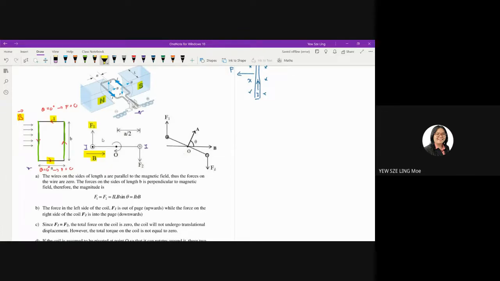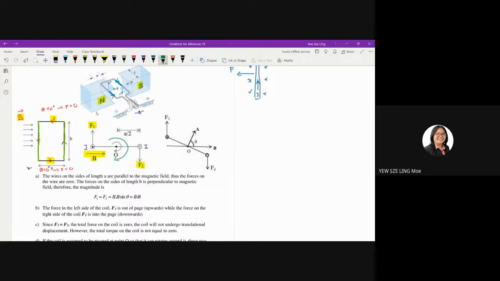If you repeat it again, but now change the direction of I into the page, you will see that the force is now going downward. So I into the page, force going downward. I out of the page, force going upward, because your B is going to the right-hand side. One going up, one going down. What does it mean? It means your object is now rotating in the clockwise direction.